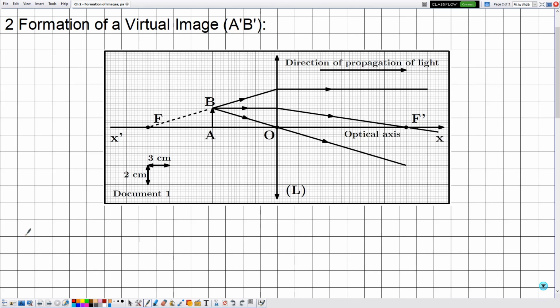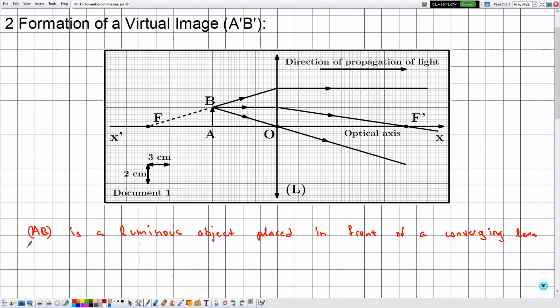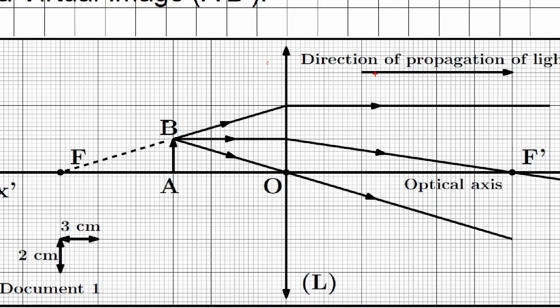Let's write this down. AB is a luminous object placed in front of a converging lens L. Now because the direction of propagation is from left to right, then this side is set to be in front of the lens and this side is set to be behind the lens.